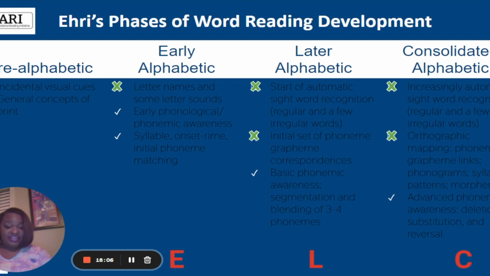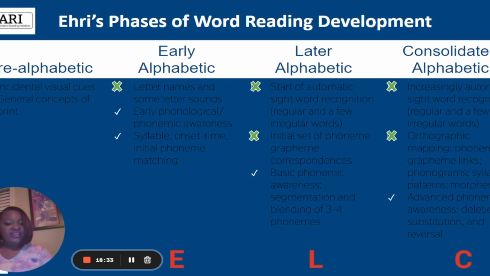They can break words into parts or segment those words and blend by listening. The start of automatic sight word recognition and initial set of phoneme grapheme correspondences are also skills that would fall under the phonics domain.